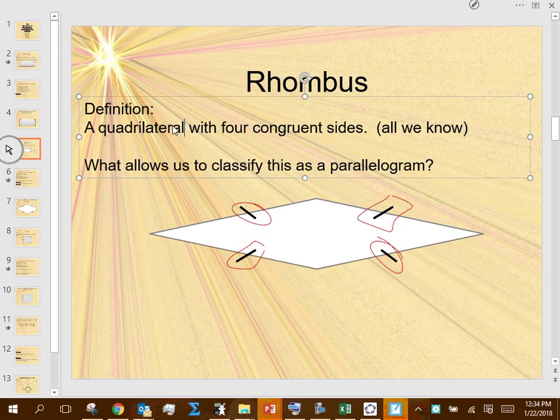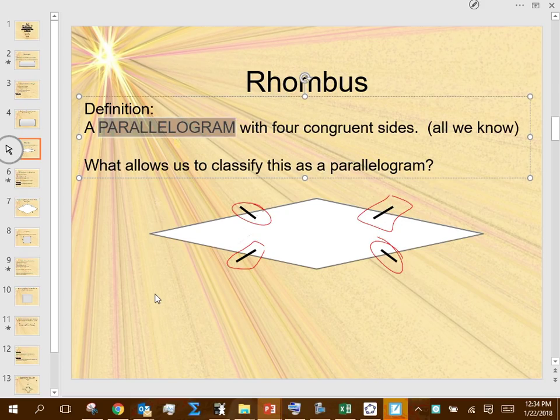It's just a special case where all 4 of them are congruent. But you have both pairs of opposite sides of a quadrilateral congruent. Therefore, the quadrilateral is a parallelogram, right? Is that okay with everyone? So that's why we can maybe better define this thing as a parallelogram. A parallelogram with 4 congruent sides. And that's all you need to have a rhombus. Okay? That's all you need.